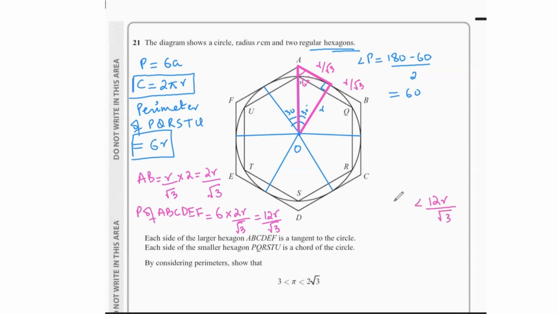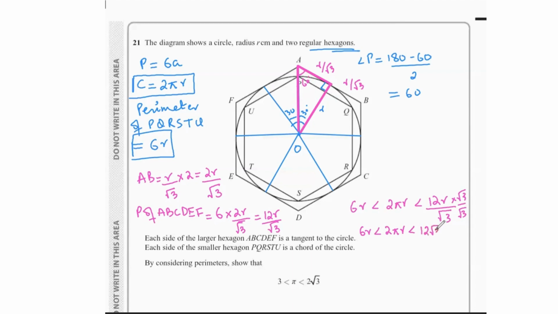In the middle, we have the circumference, 2 pi r, and the smaller one, which is 6r. So to turn this into this, we have to rationalize the third. So to rationalize the third, we're going to multiply and divide it by root 3.